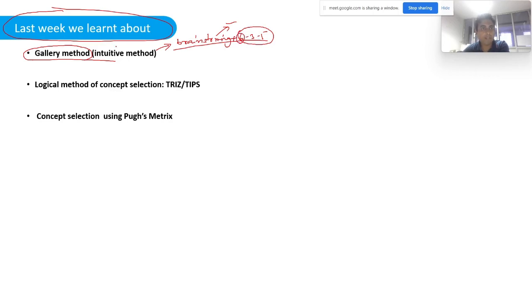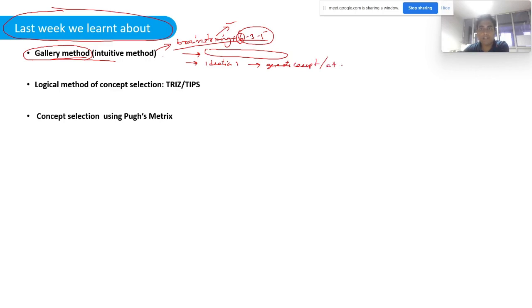So combining both, what we have is a process called the gallery method, very similar to brainstorming. Initially, a team leader gives an introduction to all the problem area and what solution space the team is looking for. Then there is ideation phase one, where all individual participants generate concepts. This is done at the individual level.